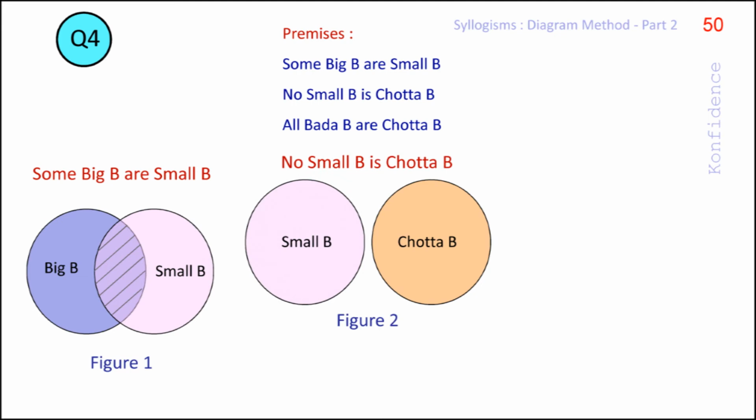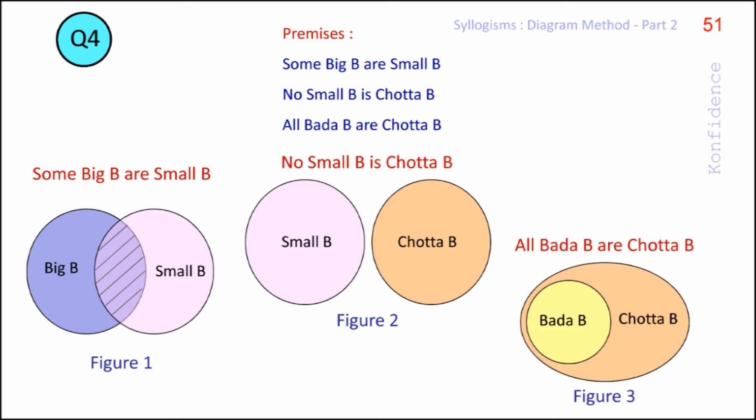Figure 2 represents no small b is chota b. Here the critical aspect is that there should not be any overlap between small b and chota b. The third premise, all bada B are chota b, is represented in figure 3. There, bada B cannot go outside chota b.